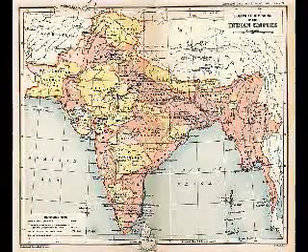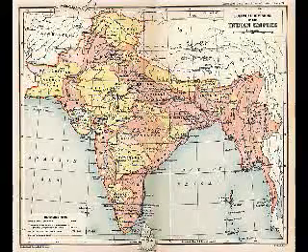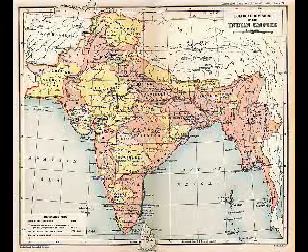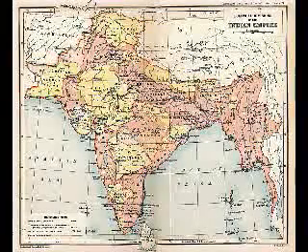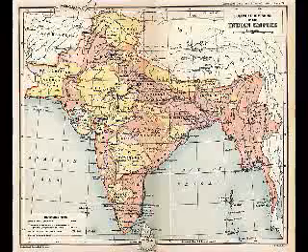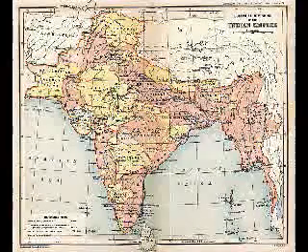The Royal Titles Act of 1877 clearly brought out the subordination of the Governor General and his council to the authority of the Secretary of State.